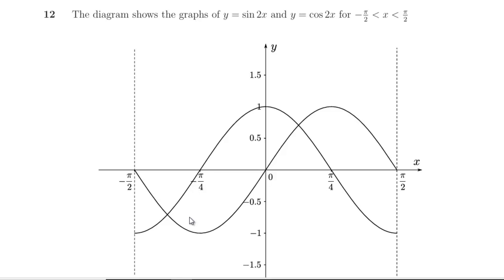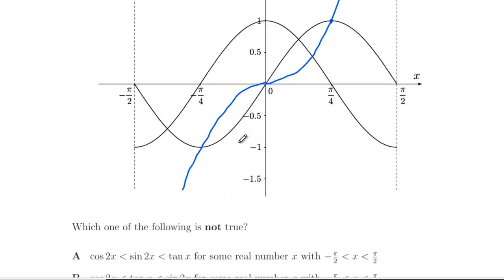It's going to go through here and up to an asymptote up here, doing something like this and something like that. Now we want to see which one of the following is not true. So let's write which one's which: we've got cos, sine, and then tan is the blue one, obviously.